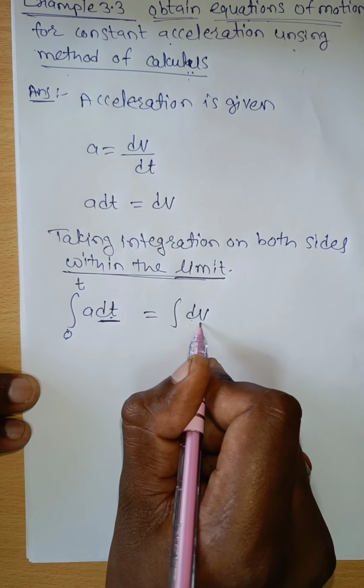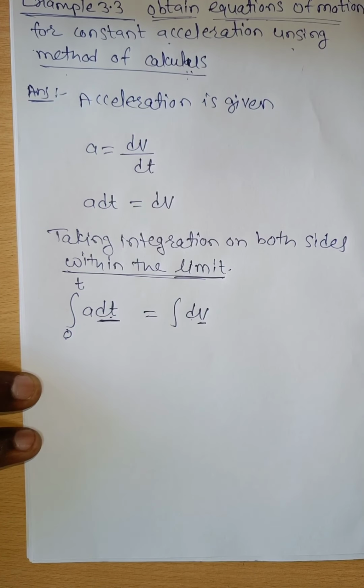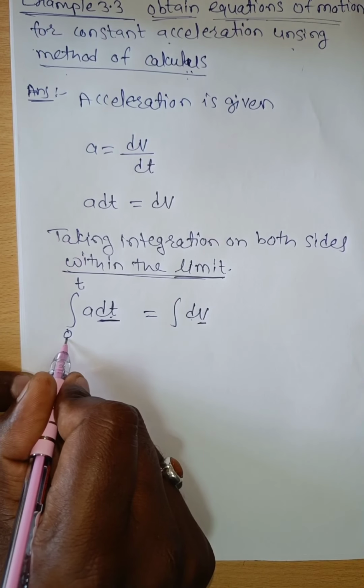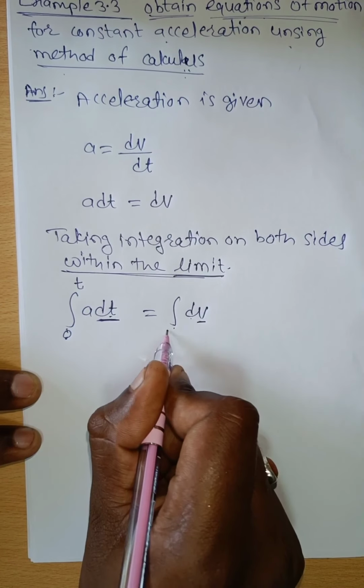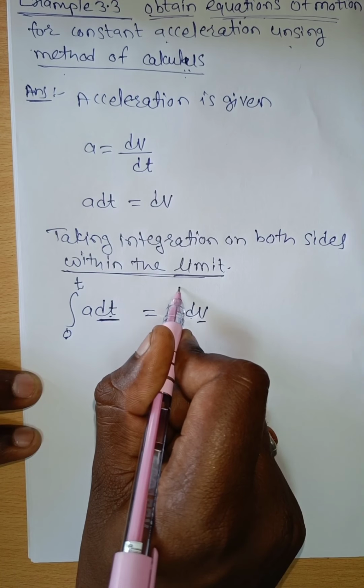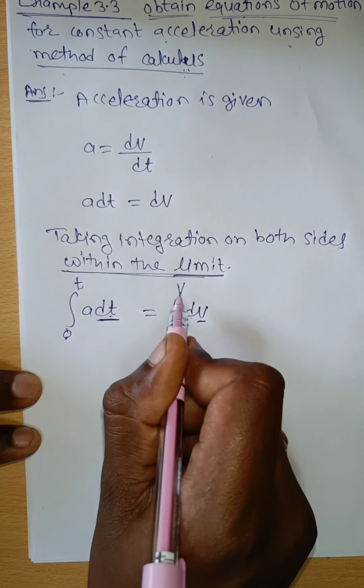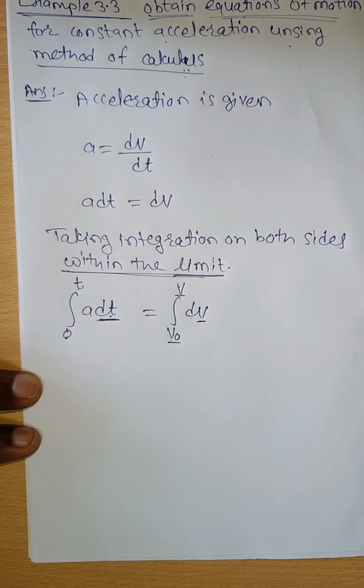Now here this is integration with respect to v. When time is 0, the velocity is v naught. When time is t, the velocity is v. Then initial velocity is v naught and final velocity is v.